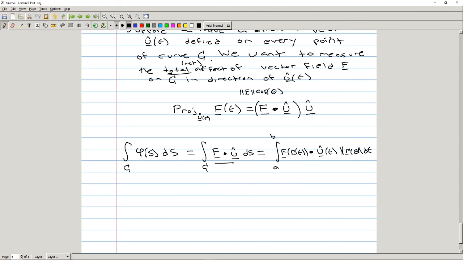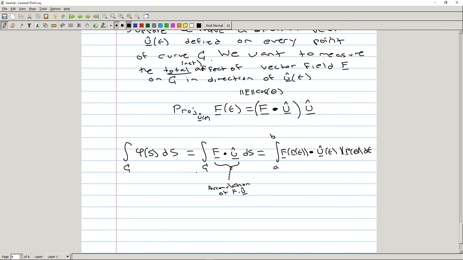All right, this component right here, this is saying take the accumulation of f dot u hat, or the total net accumulation of the component of f in the direction of u hat along the curve c.